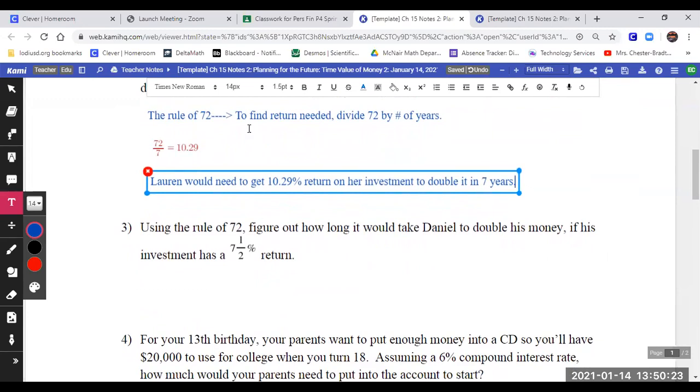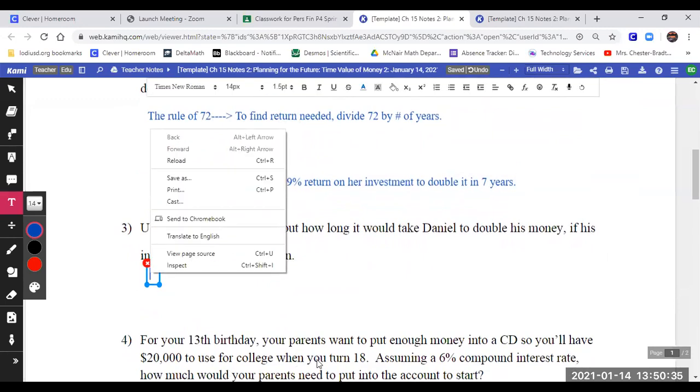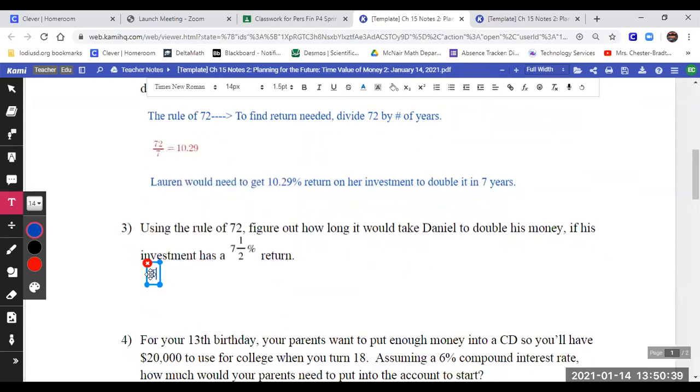Okay. So that was the rule of 72 to find the return needed. You divide 72 by the number of years. Now, to find the number of years, we're going to do the same thing, but we're going to be dividing by the interest rate this time.